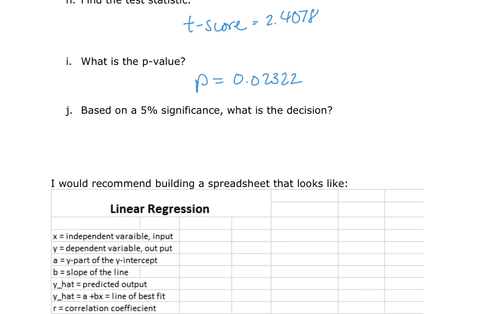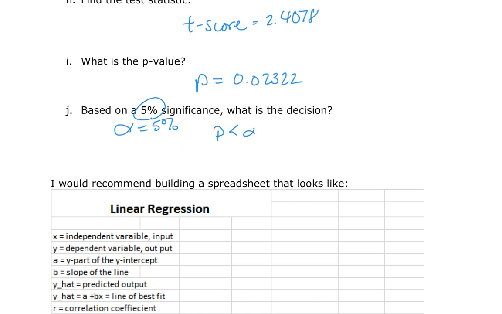So, based on a 5% significance, what is the decision? Well, I can do it either by the critical value, or I could do it by my p-value. Since my p-value is less than my alpha, because my alpha is 5%, I know that the decision is to reject H0.